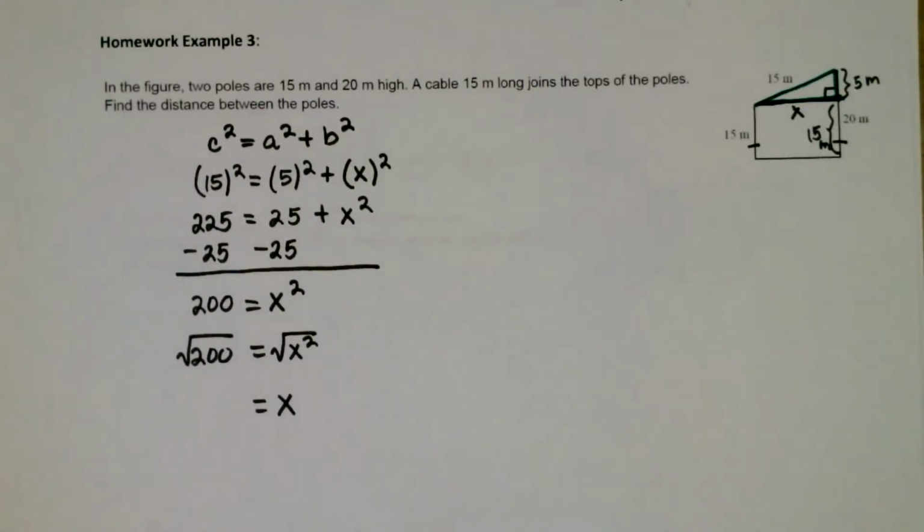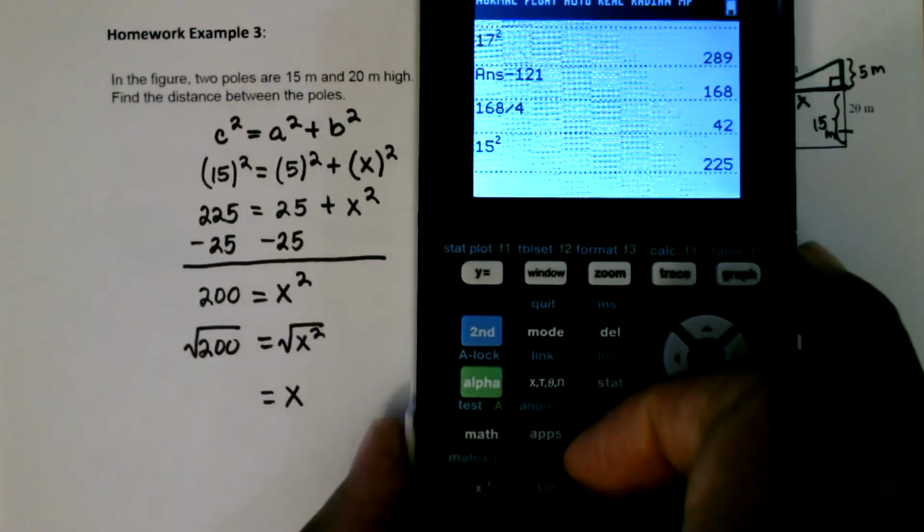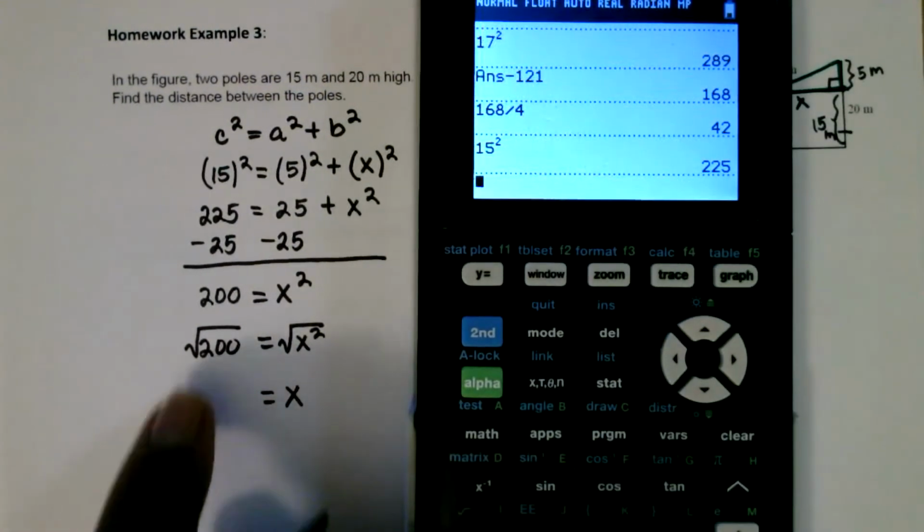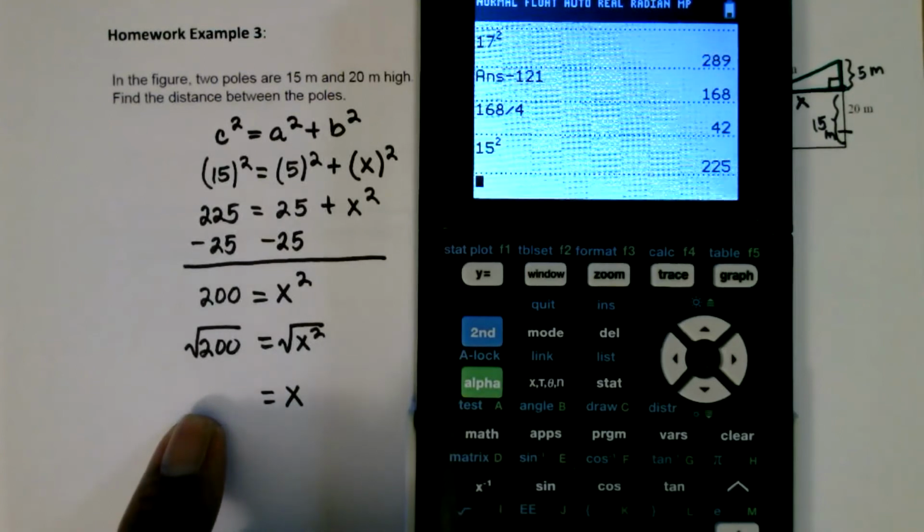Now, I want you to pay close attention to what my math lab wants for an answer. For this type of problem, they want this as a decimal to 1 decimal place. So you do have to use your calculator to come up with a decimal approximation for the square root of 200.